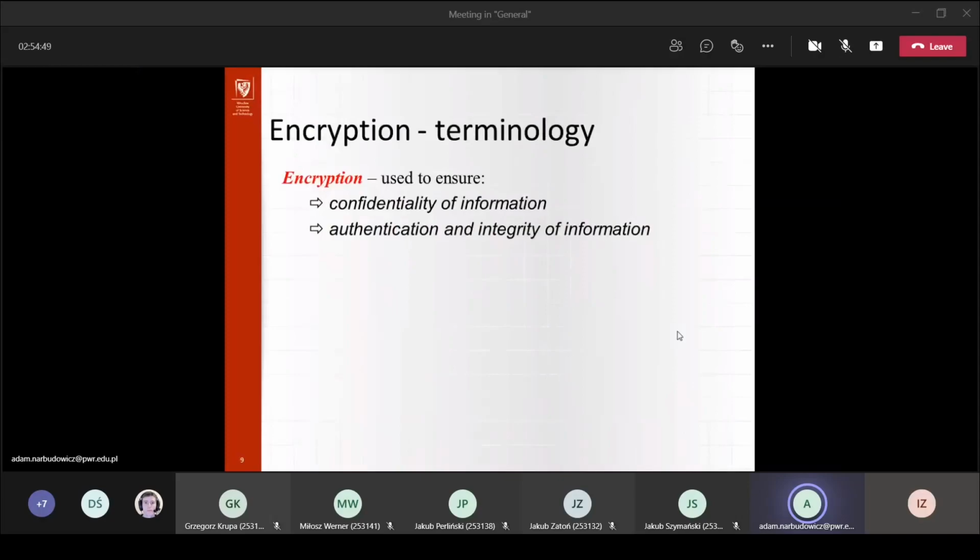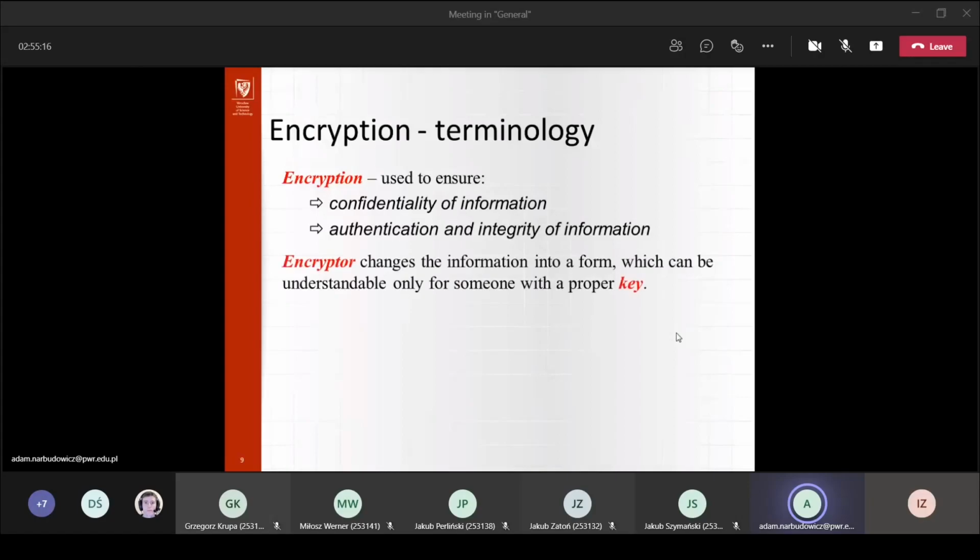Another thing which we haven't covered so well is encryption. Encryption is something that we add to our signal to ensure confidentiality, and also authentication and integrity of information. Now, we won't talk a lot about encryption in this course. However, I would like to state the distinction between encryption and encoding, because they are two totally different terms.